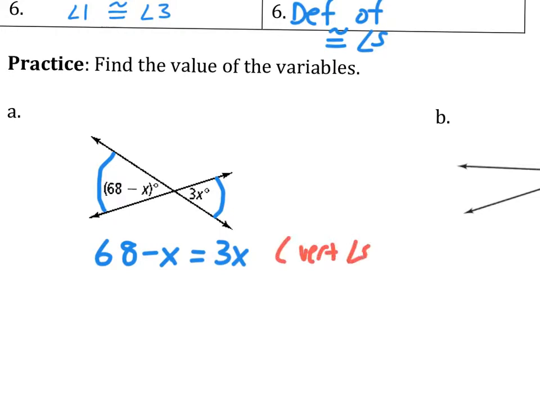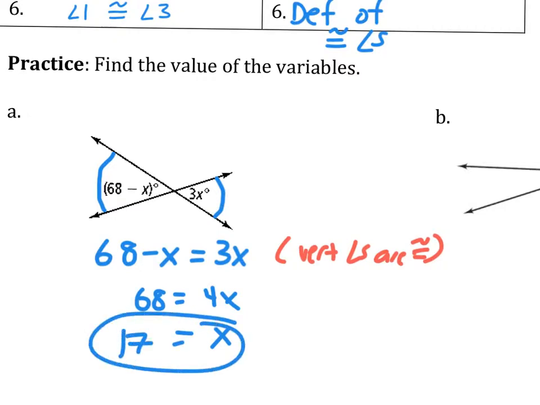It's true we're using other things, but the big one is vertical angles are congruent. Now all I have to do is add, subtract, etc. from both sides. So 68 equals 4x, and then x is going to be 17. We can always test that by plugging it back in. When you triple that and then subtract 17 there, you'll get 51 on both sides.